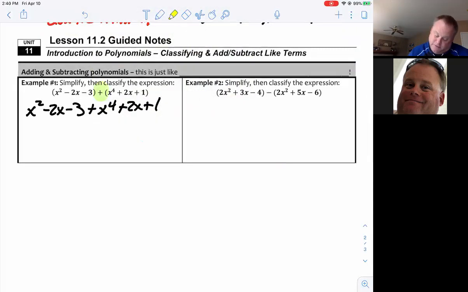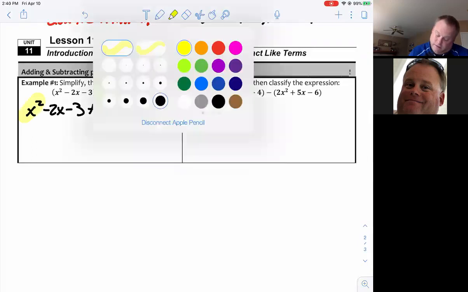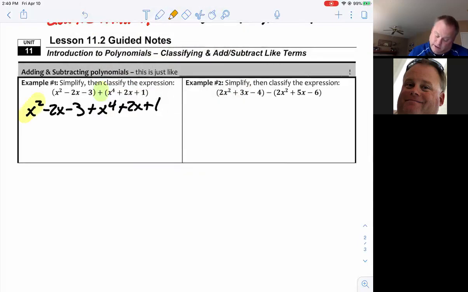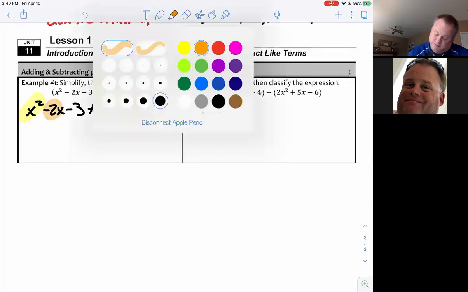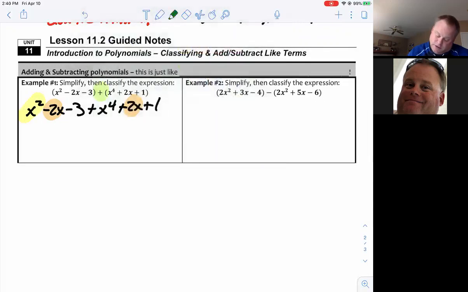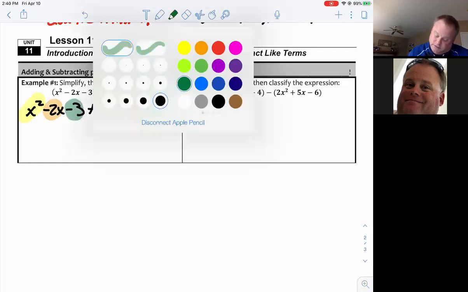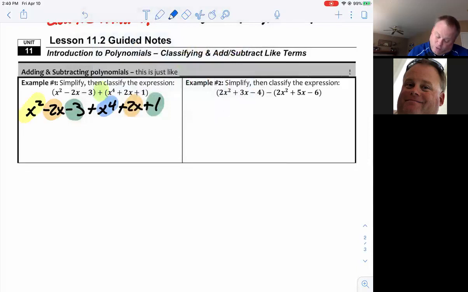I have 1x squared. I have a -2x and a 2x. Okay, so those are x's. I have a -3 and a 1. Those are my constants. And I have only 1x to the 4th.